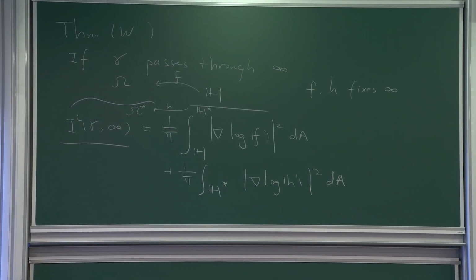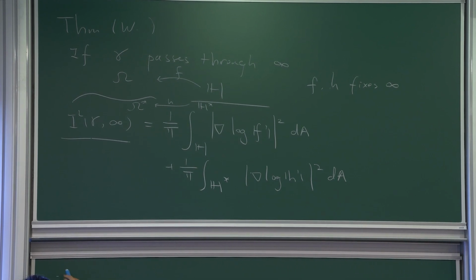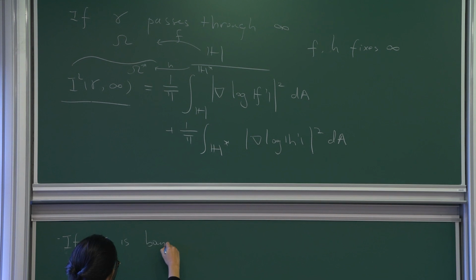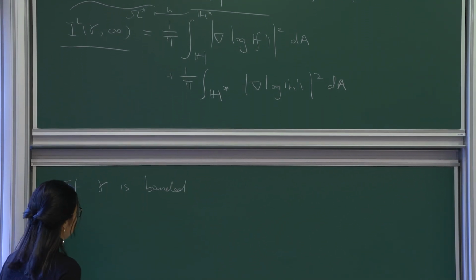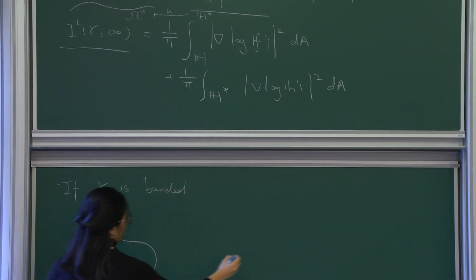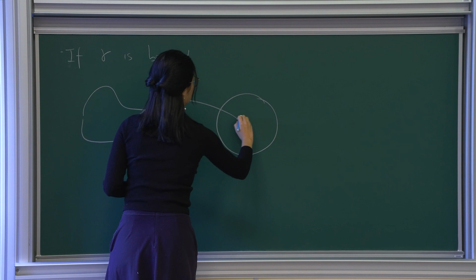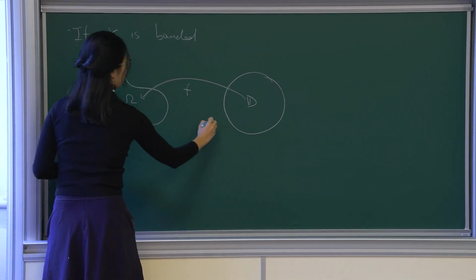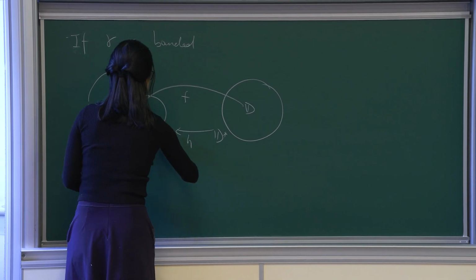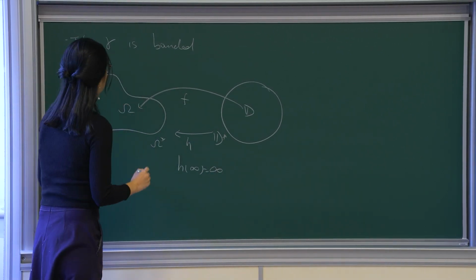And the second part of the theorem is that if gamma is bounded, you have a very similar formula. So I will use f and h again. So f from the unit disk to omega, h from D star to omega star, and I ask h of infinity equals infinity.